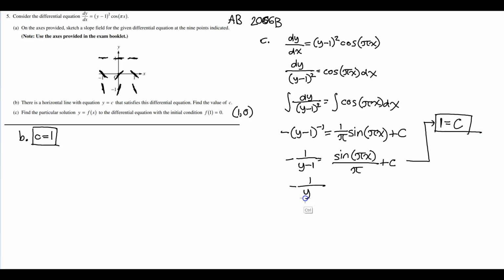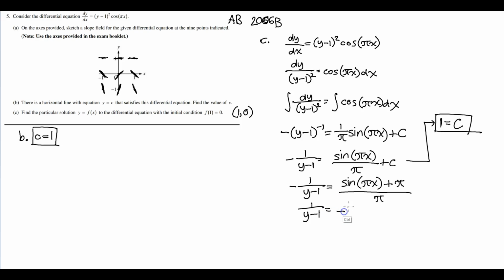So again, we could rewrite it as negative 1 over (y minus 1) equals sine of pi x over pi plus pi over pi. We're just adding the 1 to the entire fraction, which makes the fraction a lot easier to handle. So we're going to take the negative of both sides to get rid of this negative sign. Remember, we're trying to solve for y.